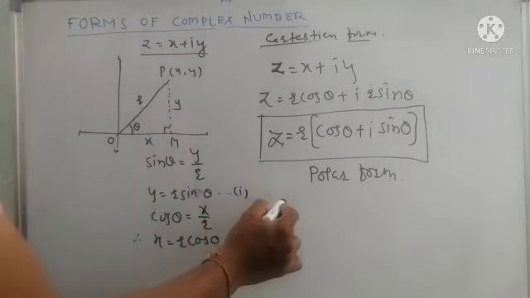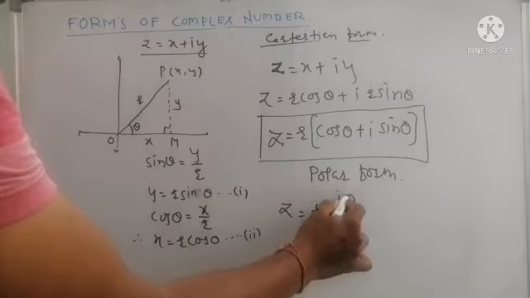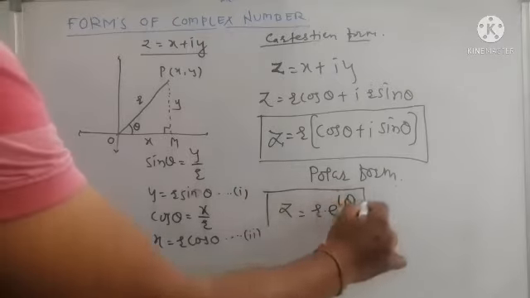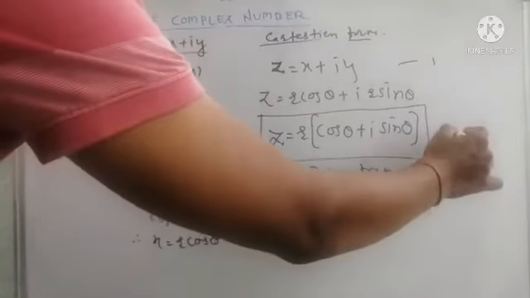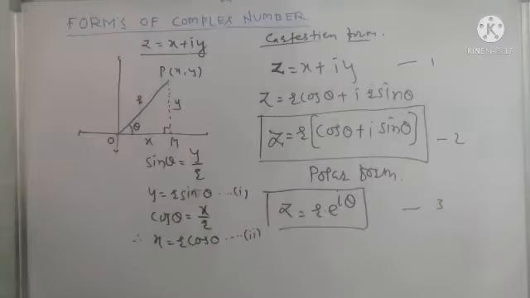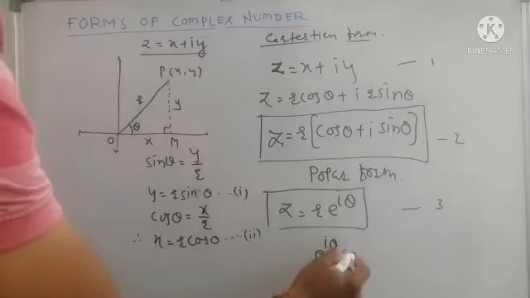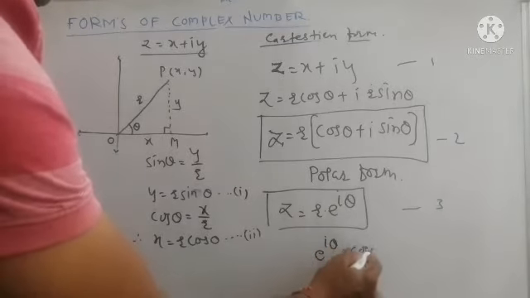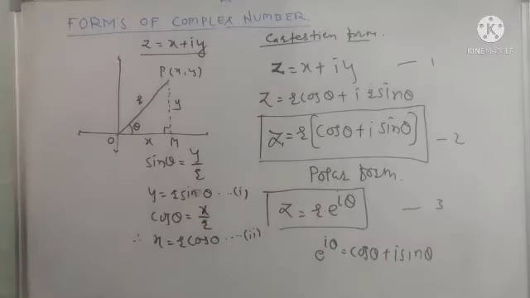Okay, and if we put z is equal to r into e raised to i theta, as I put this as number 1, this is number 2, and this is the third. Comparing 2 and 3, we easily define e raised to i theta is equal to cos theta plus i sin theta. This is a standard result in mathematics.